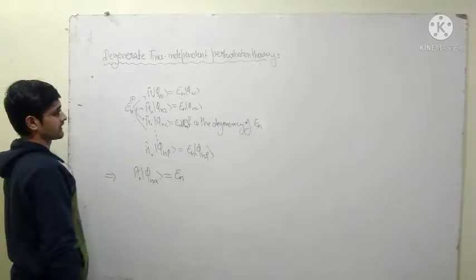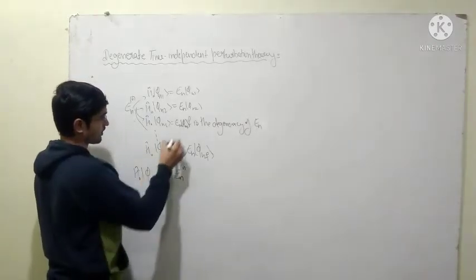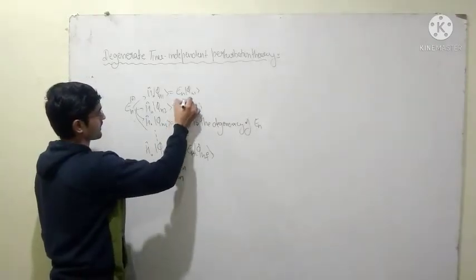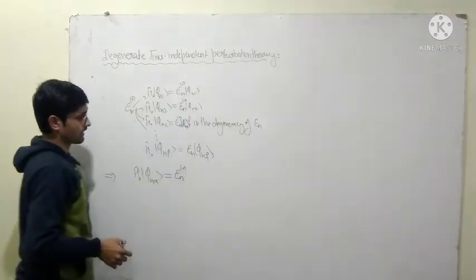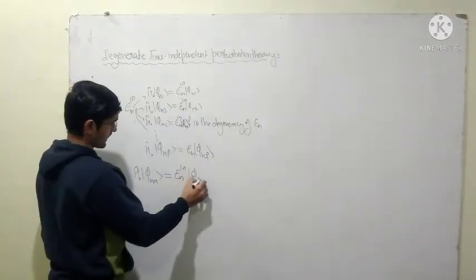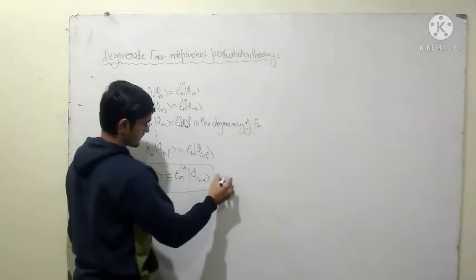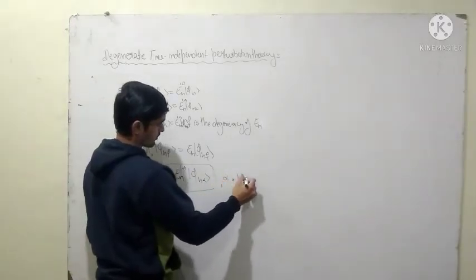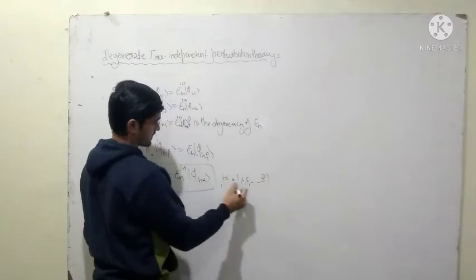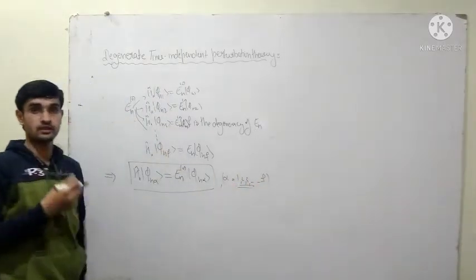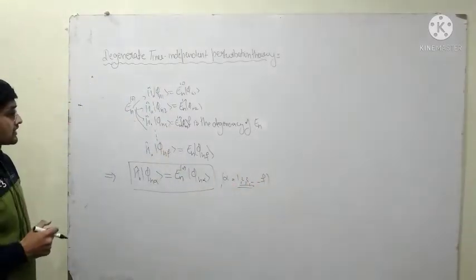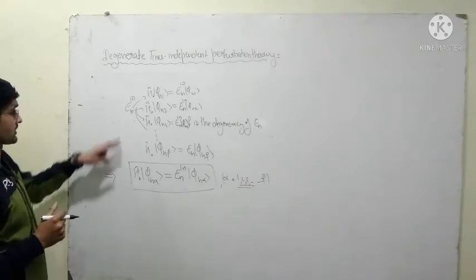Let us suppose it is En naught always, and the state itself, where alpha is 1, 2, 3 up to f, which represents the degeneracy of the state. So this is the situation when the energy levels are degenerate.